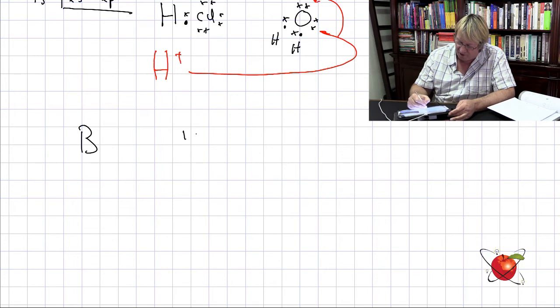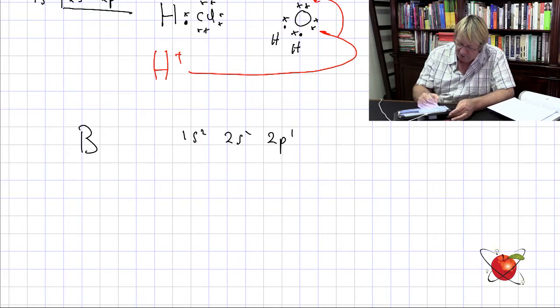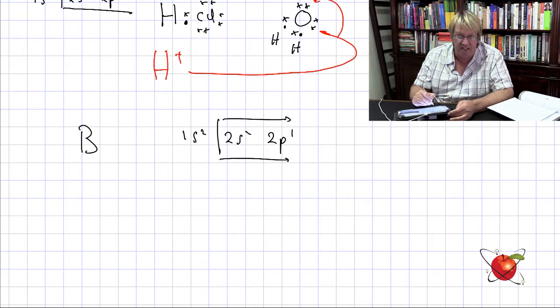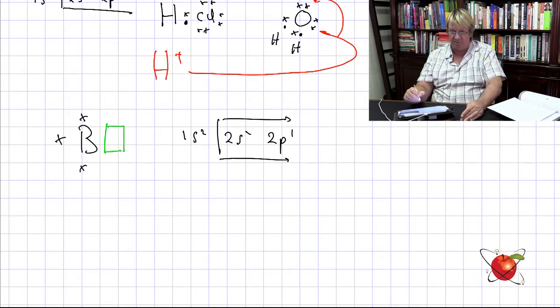So it's 1s2, 2s2, 2p1, okay? So we have got 3 on the outside, haven't we? On our valency, electrons, we've got 3. So we've got 1, 2, 3. Can you see that over here there's nothing?